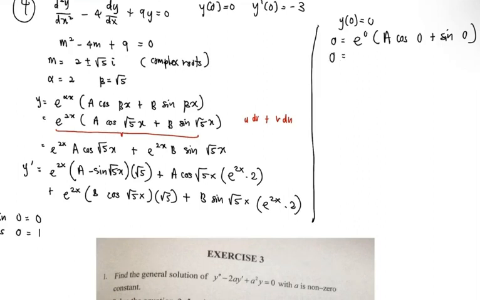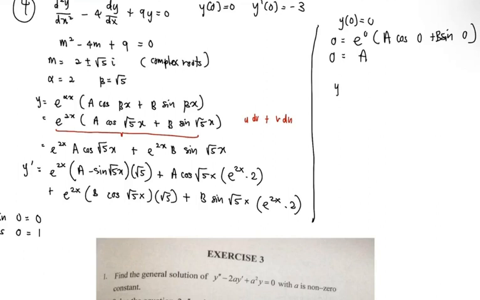Exponent 0 is 1, so a cos 0 is a. b sin 0 is 0. So a is 0.